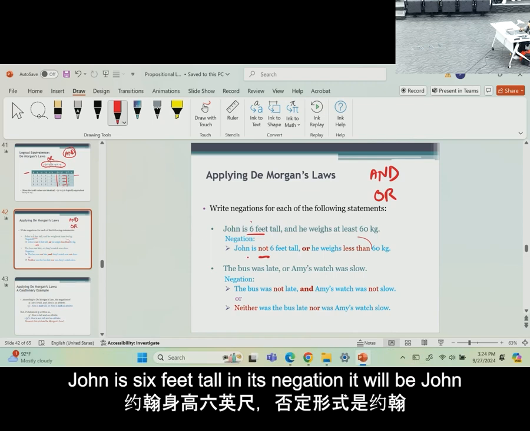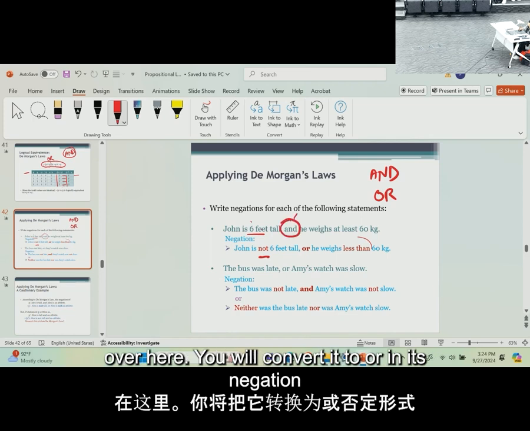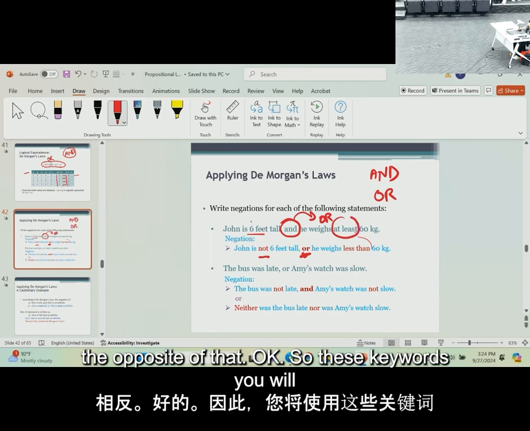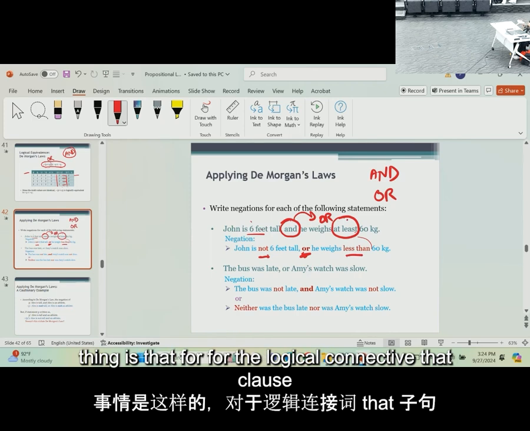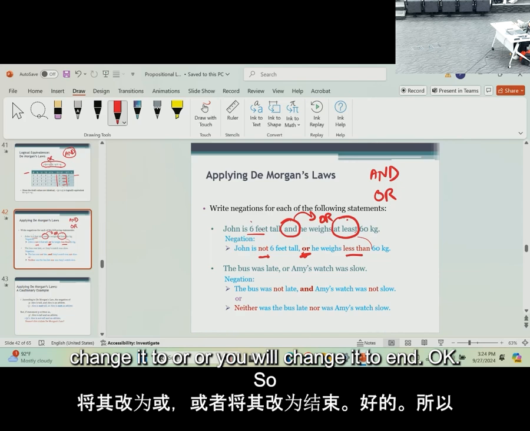In its negation, it will be John is not 6 feet tall. Easy. And you have the AND operation over here, so you will convert it to OR in its negation. And he weighs at least 60 kg, so you will write down the opposite of that. You will look at the keywords and simply change them. The main thing is that for the logical connective, you will change it to not, and you will change it to OR or to AND.